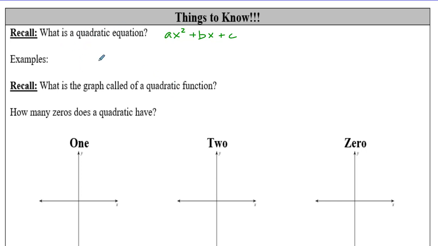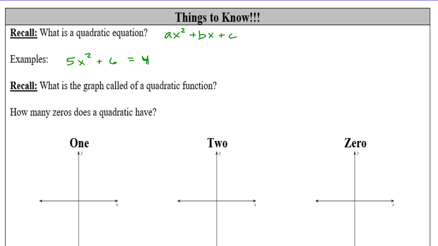So we might see a couple of examples like 5x squared plus 6 equals 4. I hate writing 4s, man. This tablet is no bueno. Alright, so we got stuff like 5x squared plus 6 equals 4.